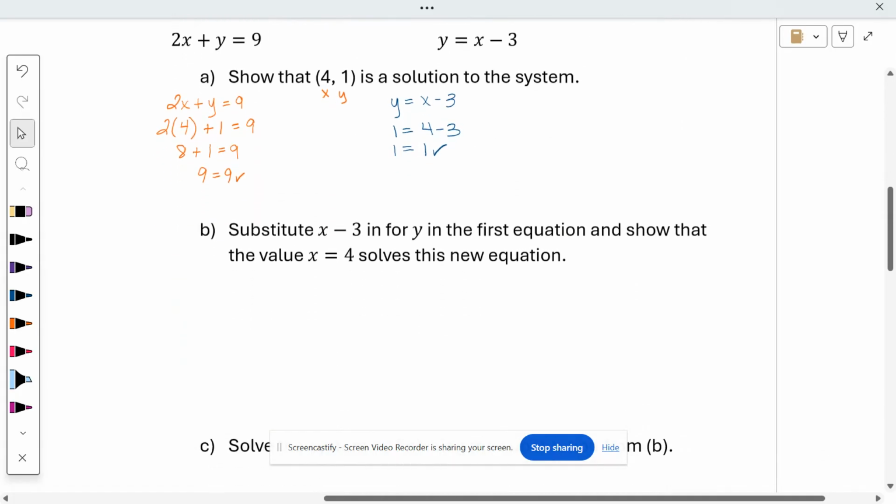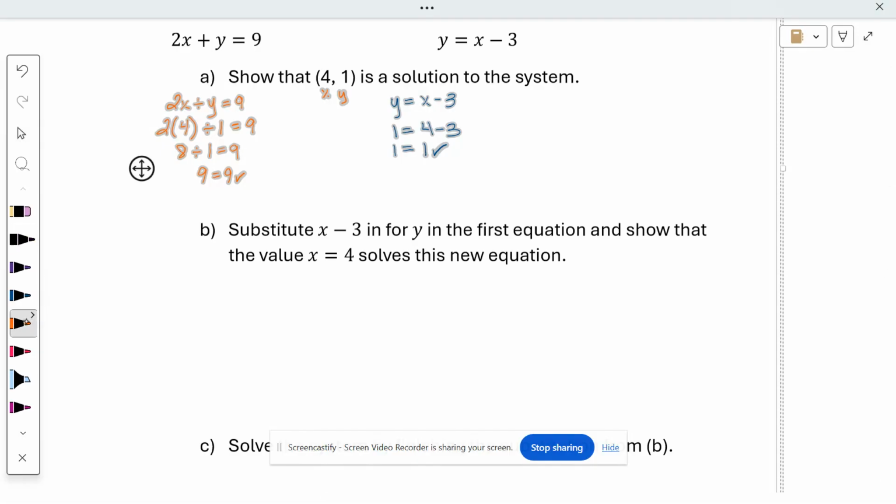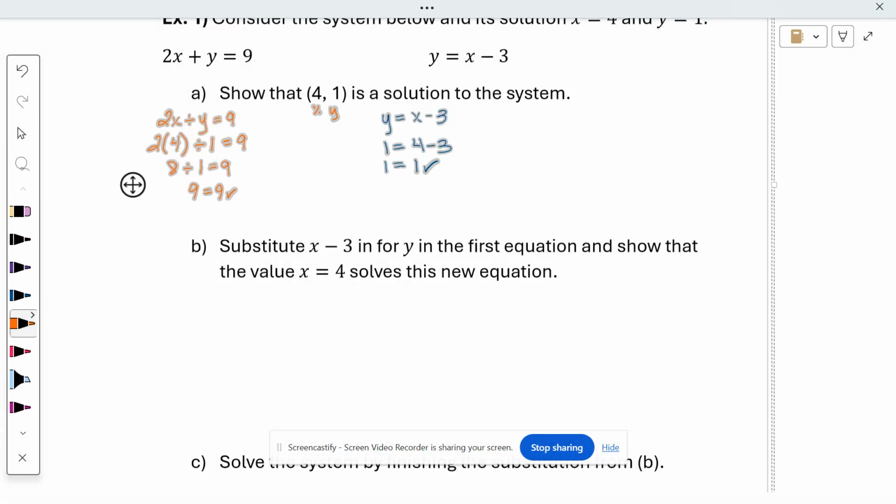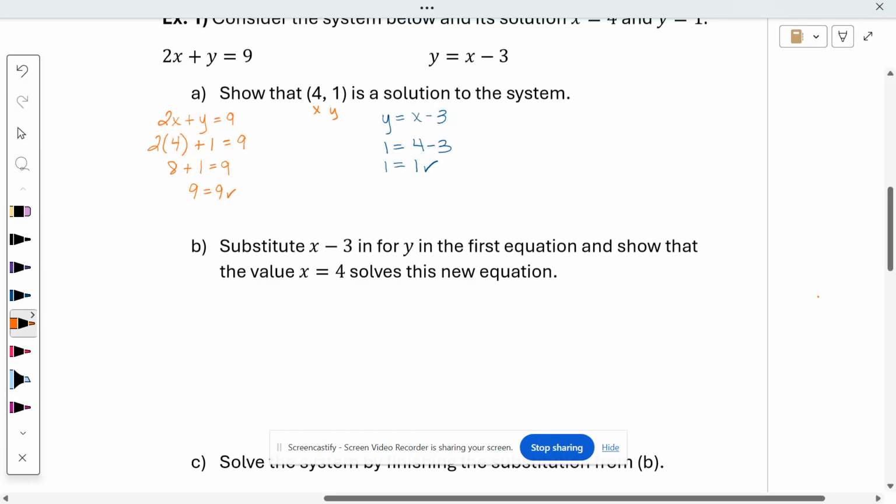So now we are going to substitute in the expression. We're substituting in the expression x minus 3 for y in the first equation. So the first equation, 2x plus y equals 9, we are replacing the y with the expression x minus 3.